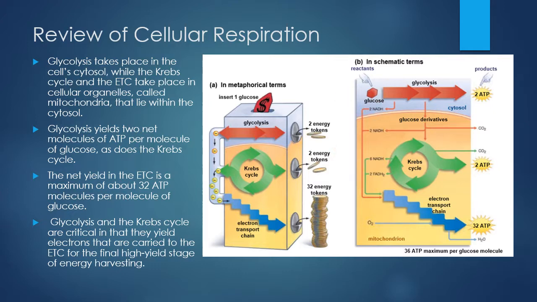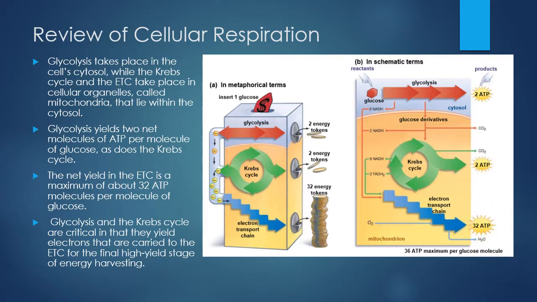So this is an overview. If you can try to remember as you're going through each of these phases what the main function of each of these phases is, to either produce usable ATP, so usable ATP for your body to use is produced in each of these stages. And then really these first 2 stages produce the energy carriers, the electrons needed to fuel this final electron transport chain, which is going to produce a lot of usable energy for your body.